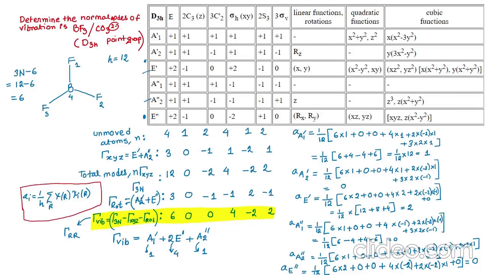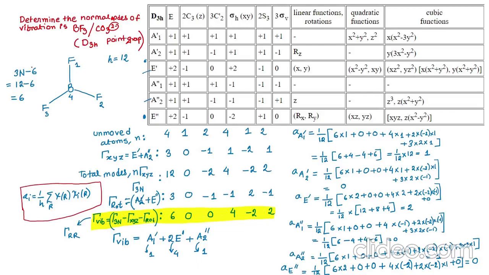Using that, we derived that gamma vibration, the reducible representation of normal modes of vibration, consists of 6 modes. We can also mathematically derive this as 3n minus 6, right?